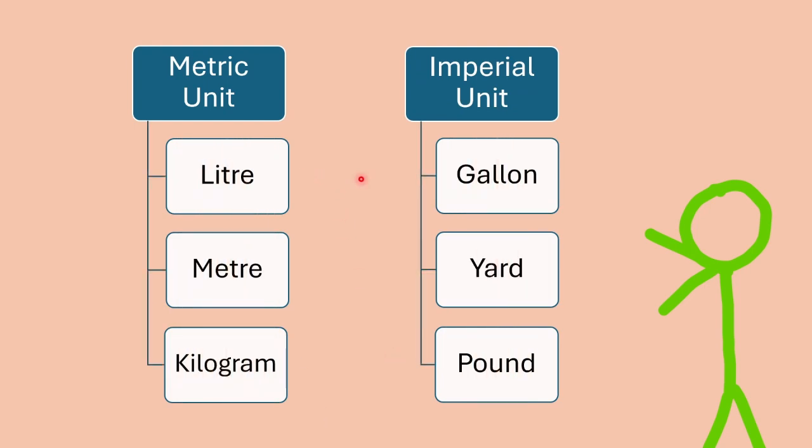Examples of metric units are liter, meter, and kilogram, while imperial units are gallon, yard, and pound, each representing one type of category. For our purposes here, we will be mainly focusing on the metric unit.